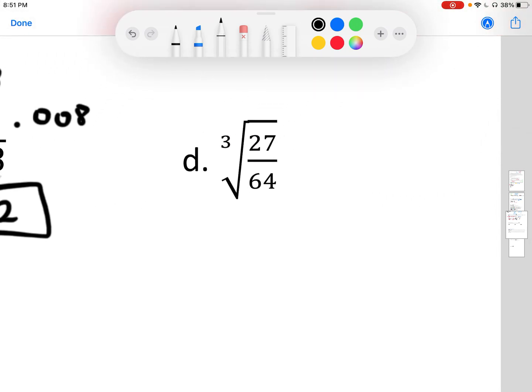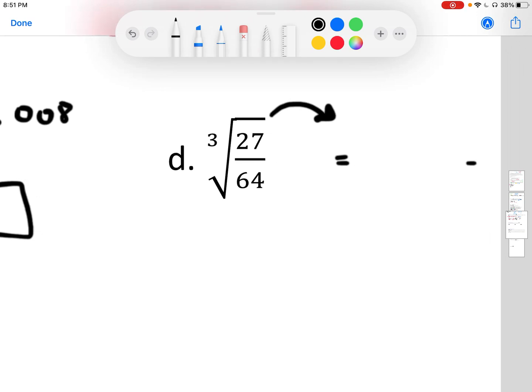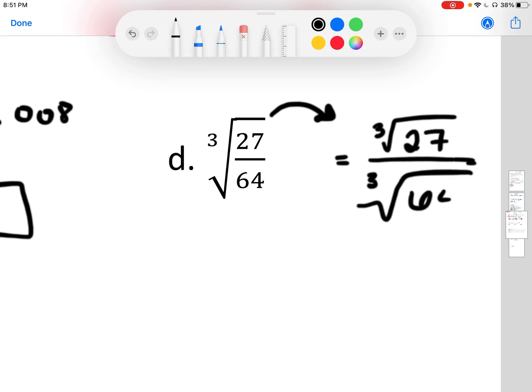Next, the cube root of 27 over 64. This will be explained in more detail in the future, but we can apply the roots to a fraction separately. So I can also think of this as the cube root of 27 and the cube root of 64, and apply each one separately.